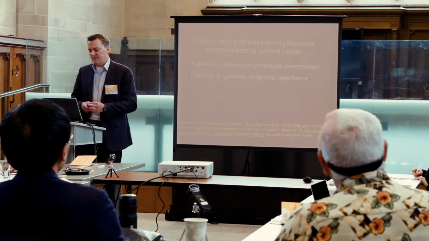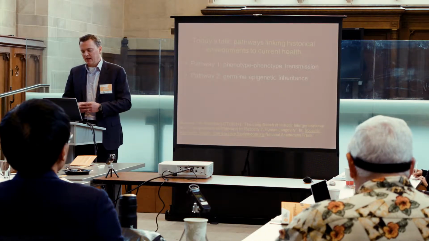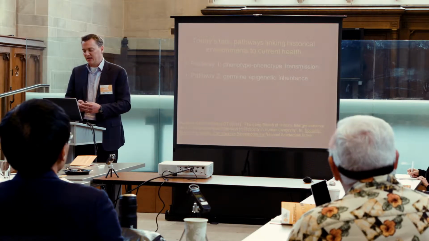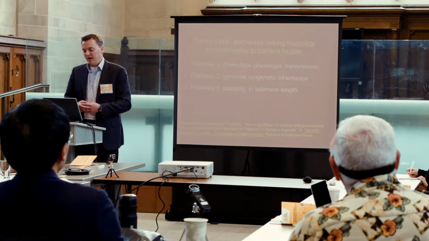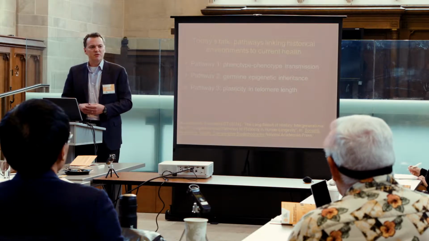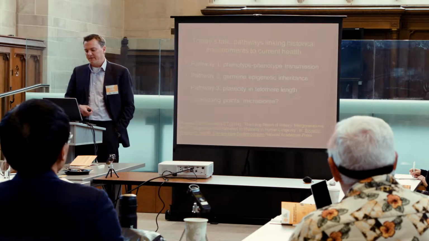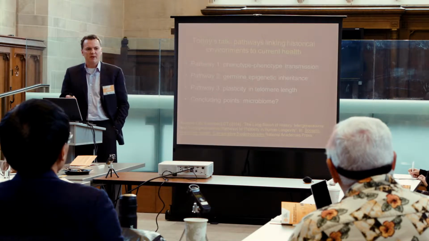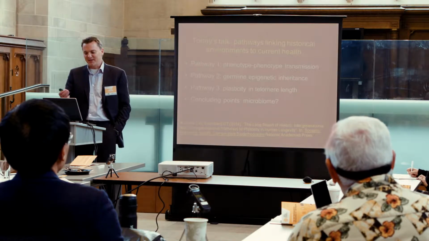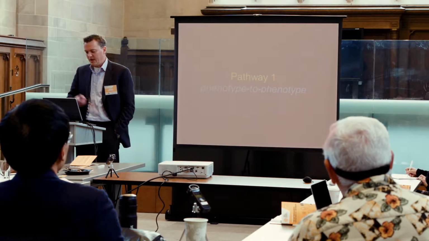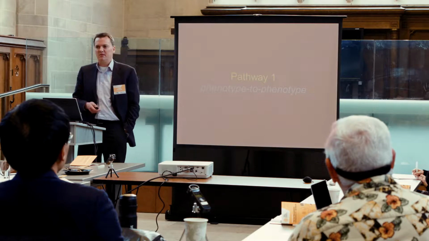The second are some of these more contentious, interesting, fascinating examples of germline epigenetic inheritance. Then I'll tell you about some work that we've done that shows that there's plasticity in telomere length, which I think is really interesting. And then finally, I'll have just a few points about the microbiome. Again, this is not my area, so I'll ask a few questions there, maybe plant a few seeds. Okay, so let's look at the first, the phenotype to phenotype transmission.